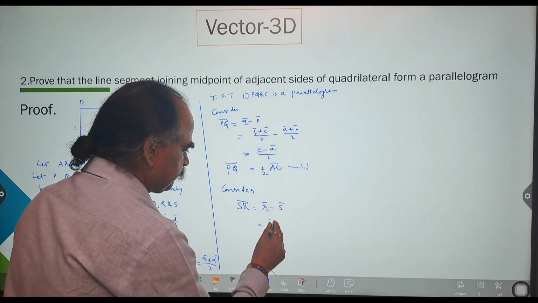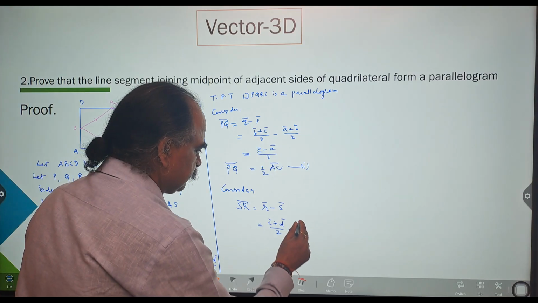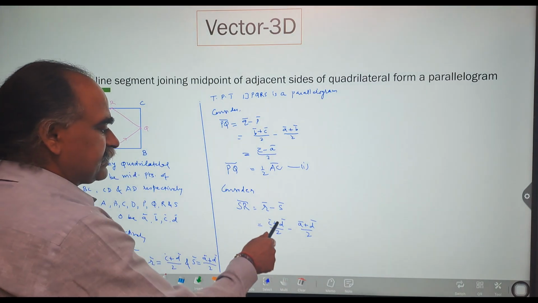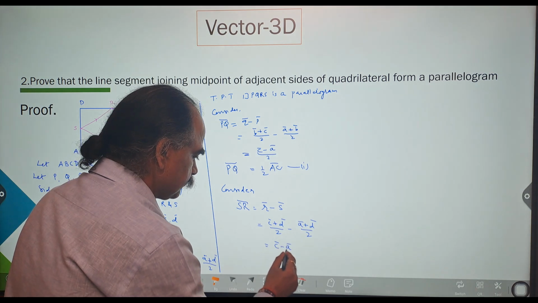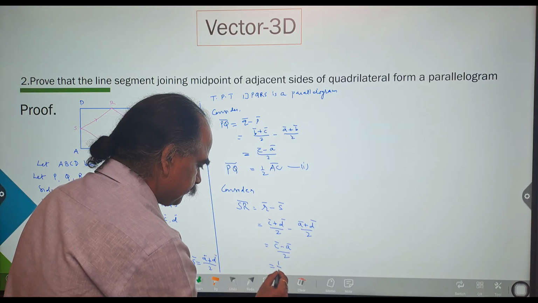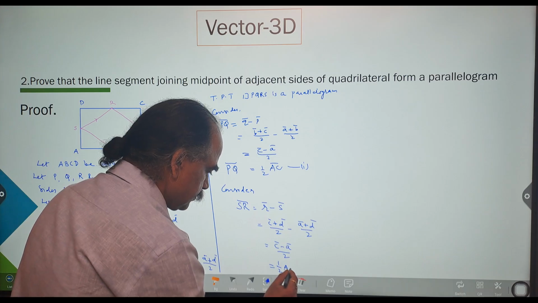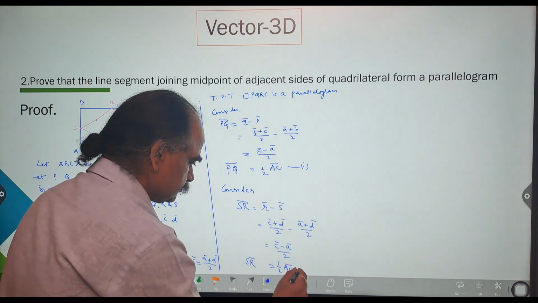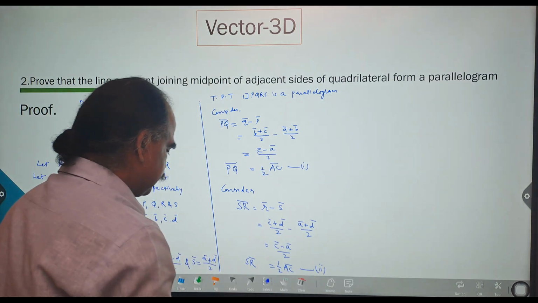R bar is what? C bar plus D bar, minus S bar, which is A bar plus D bar. When you subtract, D bar will get cancelled, you get C bar minus A bar upon 2, which is half AC bar. Equation number 2.